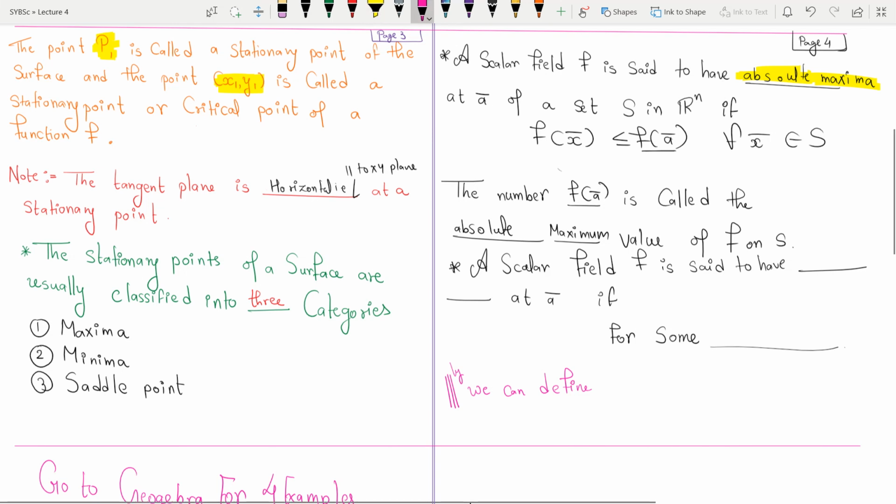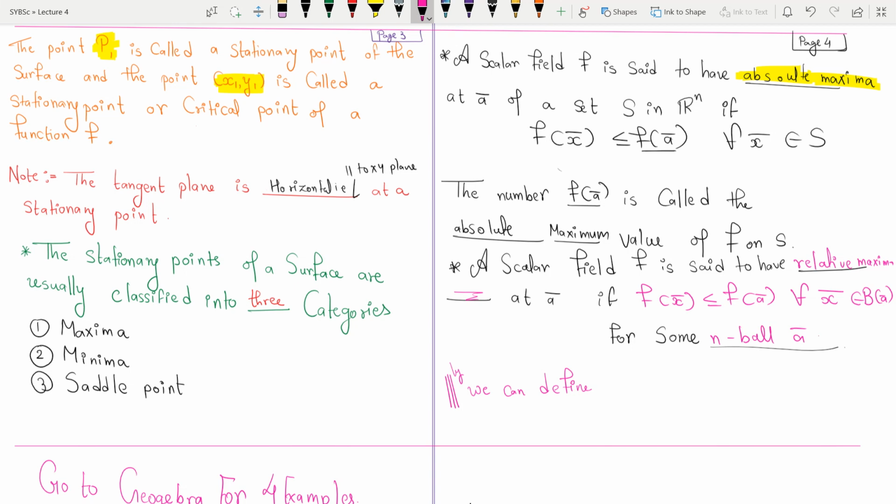Now we will be thinking about relative maxima. A scalar field f is said to have relative maxima at a bar if the condition is similar, that means f of x bar is less than or equal to f of a bar for all x bar inside the ball B of a bar, for some n-ball around a bar.